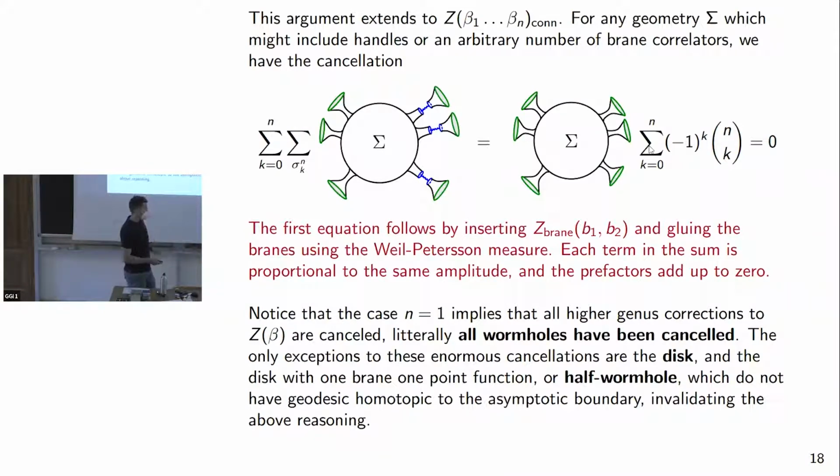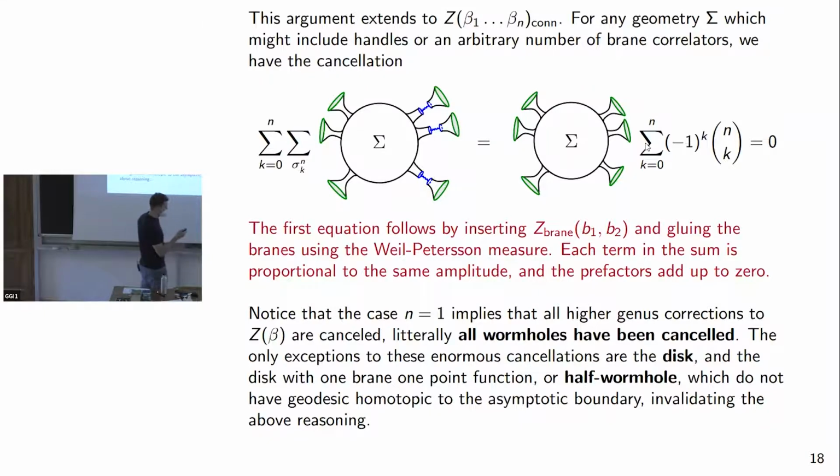But now when we start computing these amplitudes, each of the amplitudes on the left gives the same answer as the amplitude on the right, up to a minus sign to some power. And we can just sum the minus signs and they give 0.